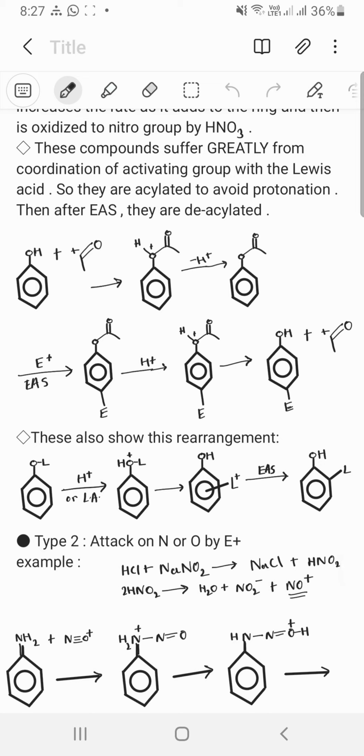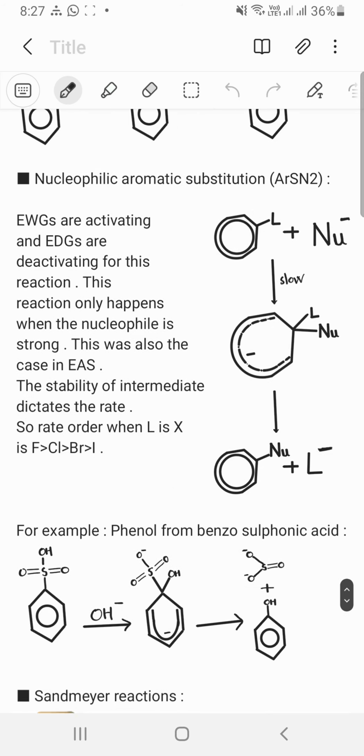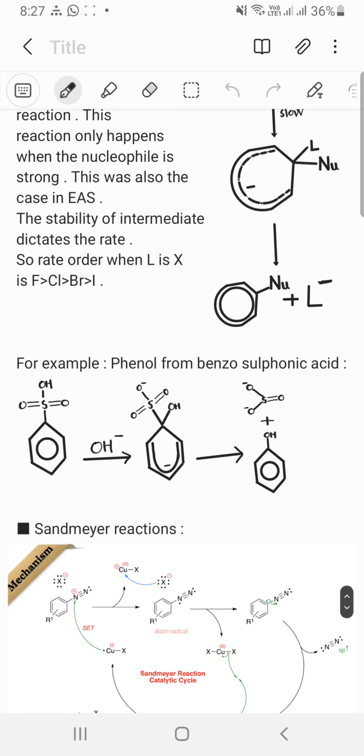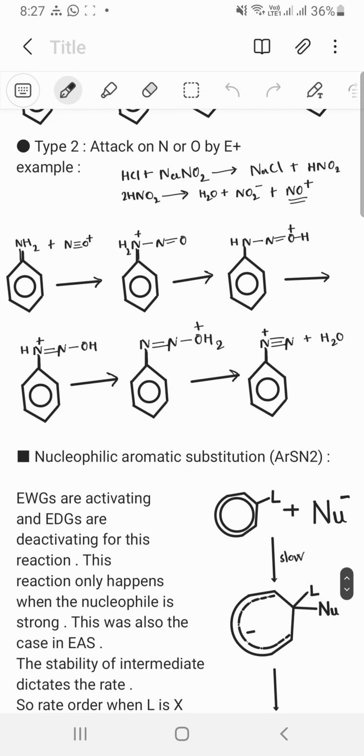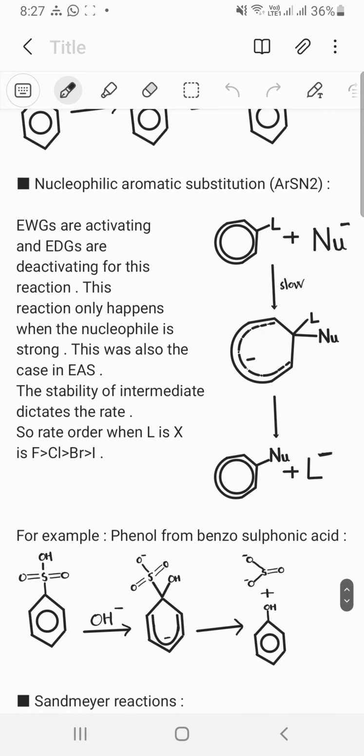So this is basically Fries rearrangement over here. So yeah, these are fine. This reaction is fine. Phenol from benzene sulfonic acid, yeah, it's fine.